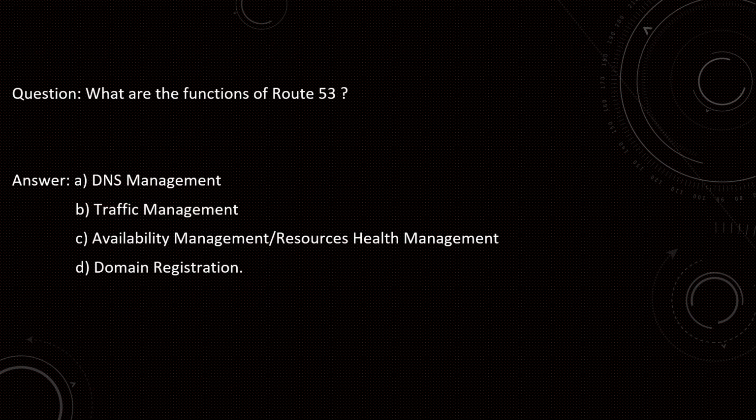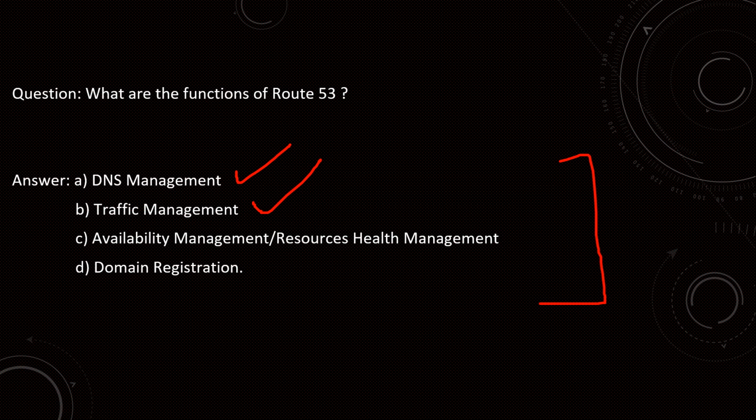Yes, what are the functions of DNS Route 53? Very important question this is. So there are n number of functions which belong to Route 53 DNS. Number one is DNS management, right? For example, resolver. Resolver means URL to IP and vice versa. Second one is traffic management. Yes, this is also managing the traffic.